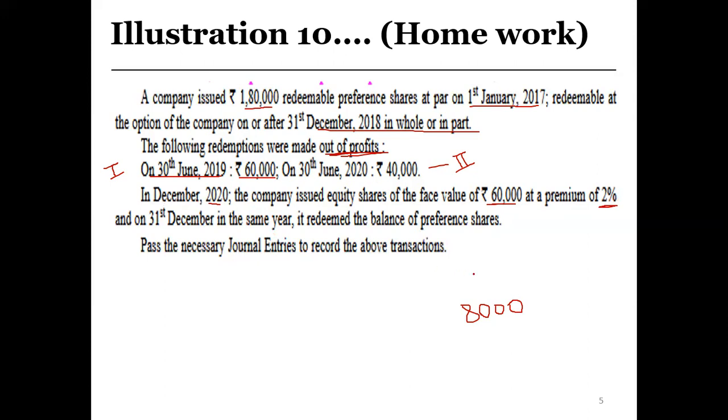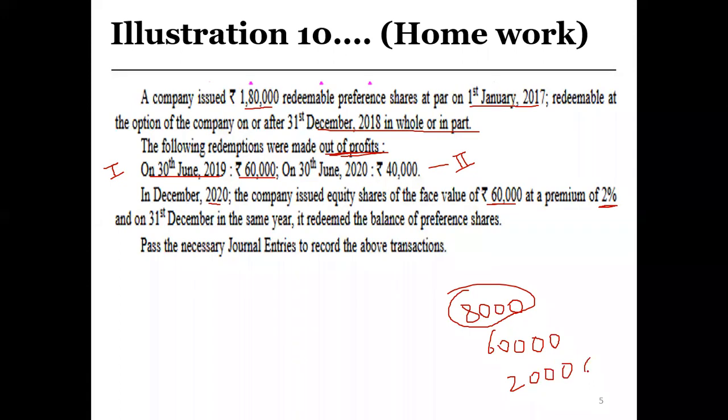Redeem कर दिया. Means for the purpose of redemption of 80,000, you got 60,000 from equity shares. Now the balance you will get from profit. Balance is how much? 20,000. So let's see how many entries will be there.